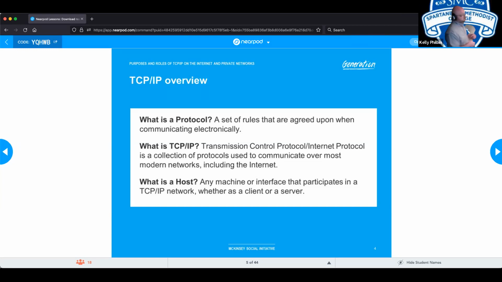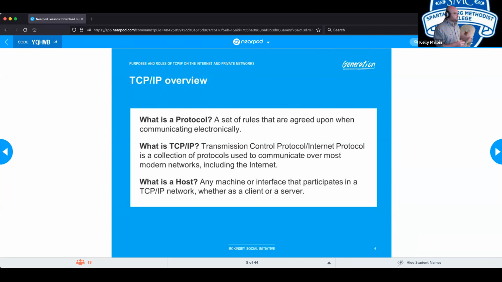Similar to TCP protocol, but in this one, they essentially are hands down the dominant force. 98% of all internet communication is run over this protocol. It's short for Transmission Control Protocol / Internet Protocol, and essentially is broken down into a collection of protocols used to communicate over most modern networks.